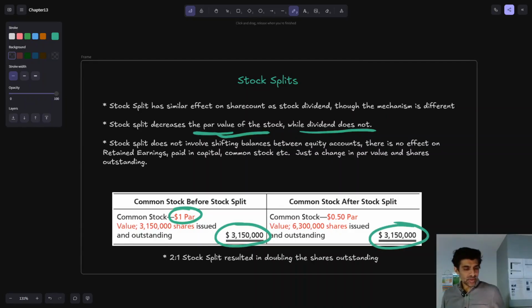It's just this that has changed, and therefore you go from this to this. You're just doubling the number of shares by changing the par value. Functionally they're the same. You've increased the number of shares outstanding proportionate to whoever owns your shares. So from the perspective of the shareholder, there's not really much difference in terms of the net economic reality of what's happened.